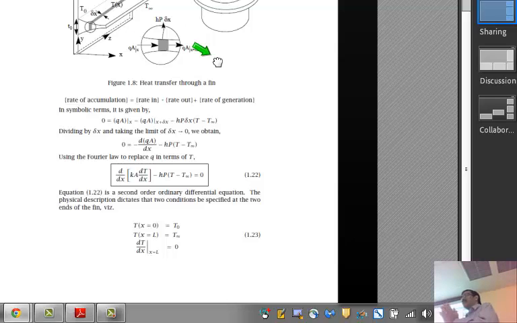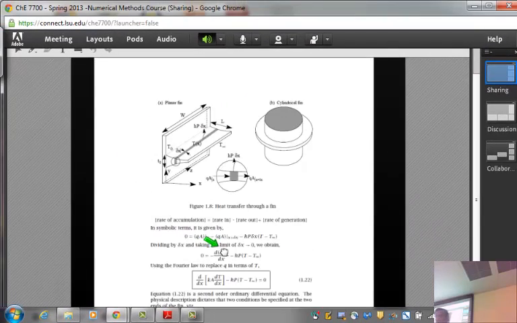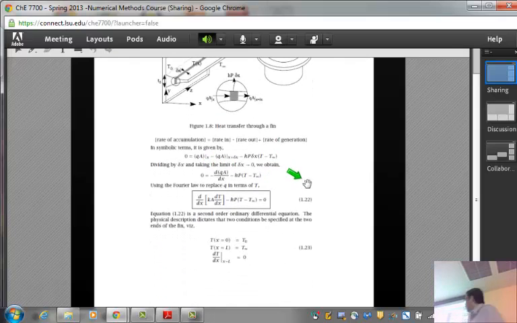So when you have a distributed model, you will always end up with a differential equation. In this particular case, it is a second order equation. So you need two boundary conditions. One at the base of the fin, x equal to 0. The other one at the tip of the fin at x equal to L. And at the tip of the fin, there are two possibilities. Boundary conditions come from the physics, from understanding the physics.